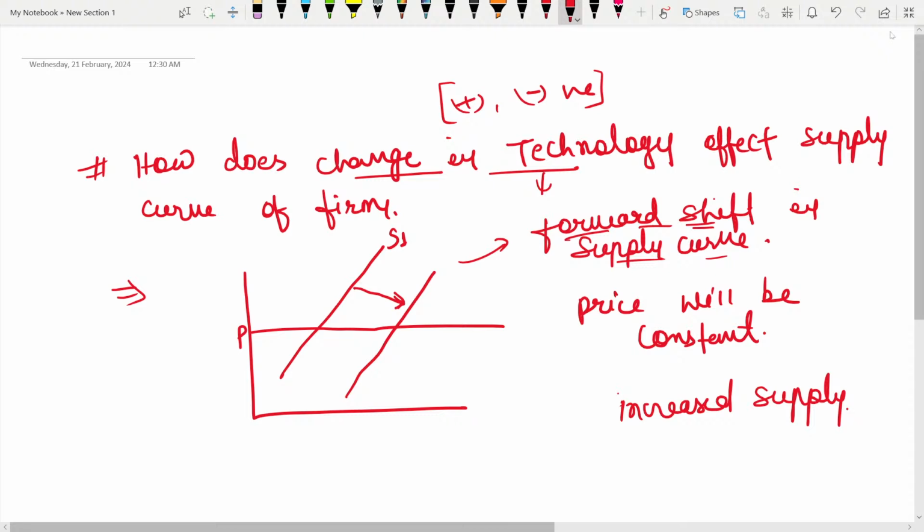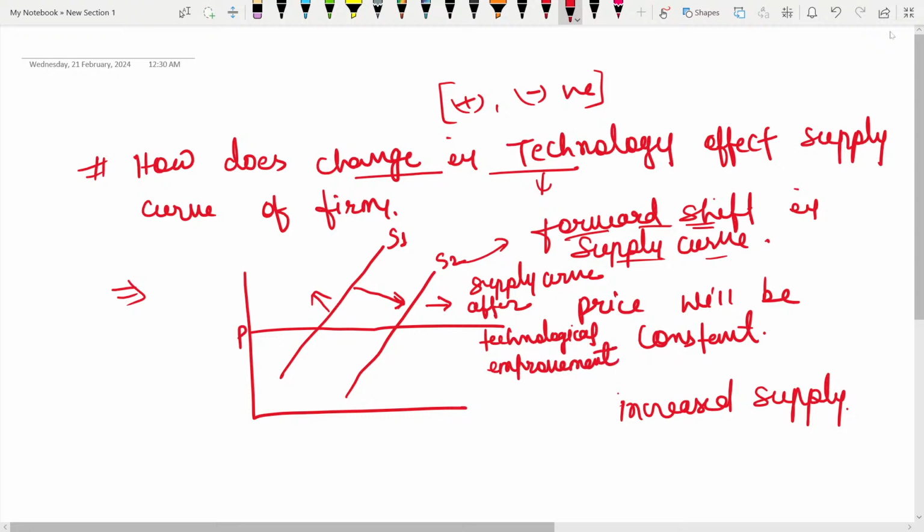This is the supply curve prior to the technological improvement. This S1 and this S2 show the supply curve after technological improvement, right?